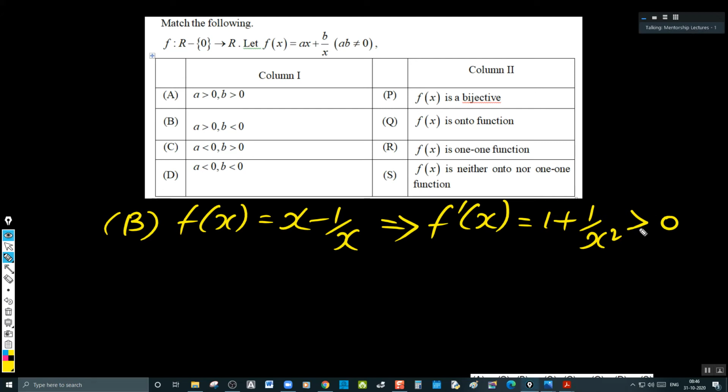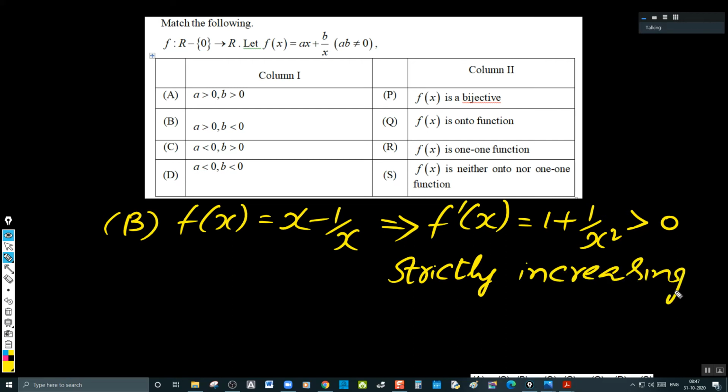So what can we say? Always increasing, onto, and also generally we say it is one-one. But this is failing here. Strictly or monotonically increasing. Hence I used to say it is one-one, but it is failing here.